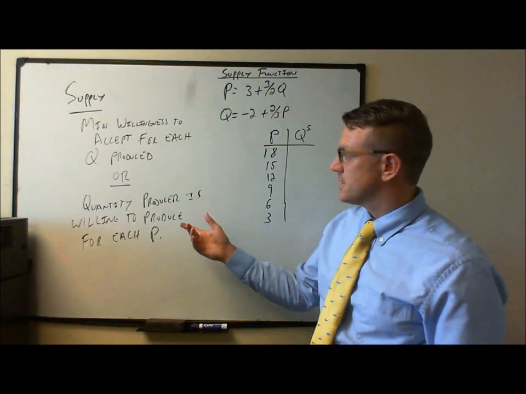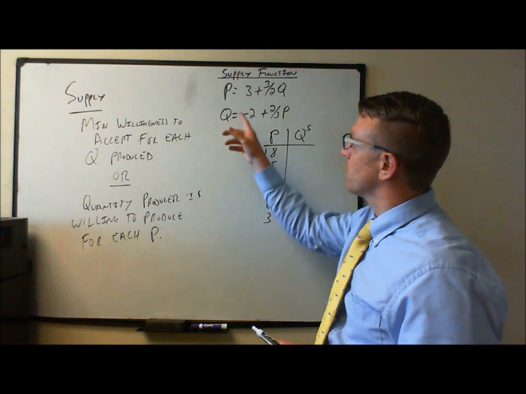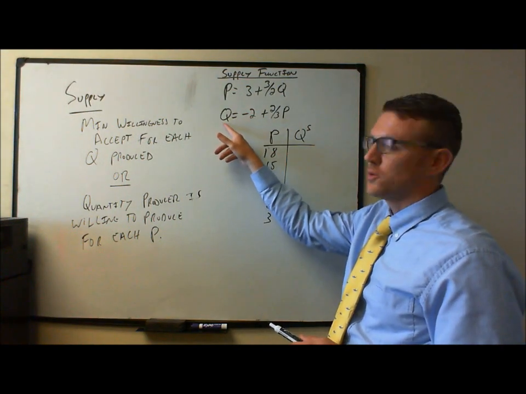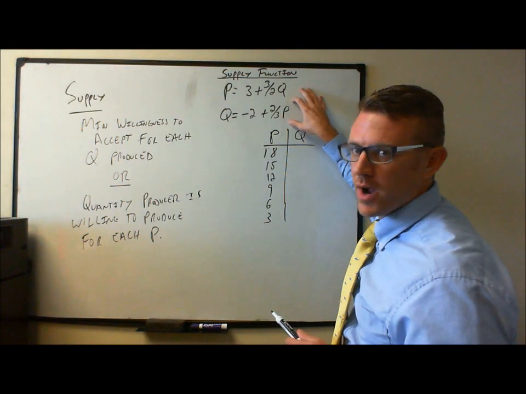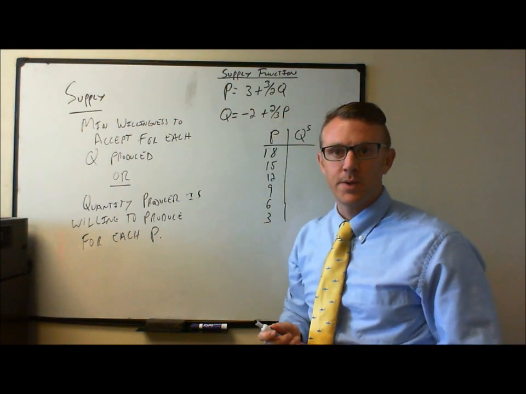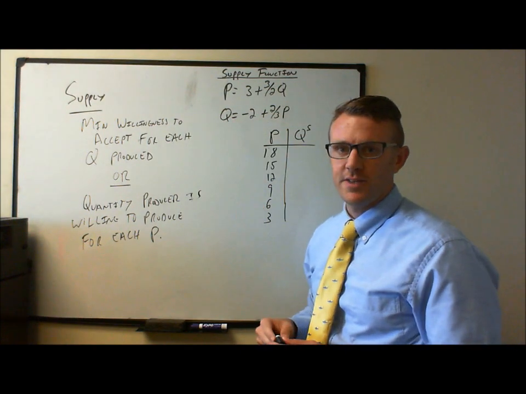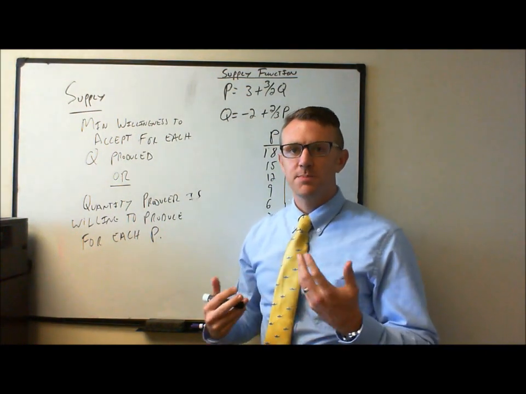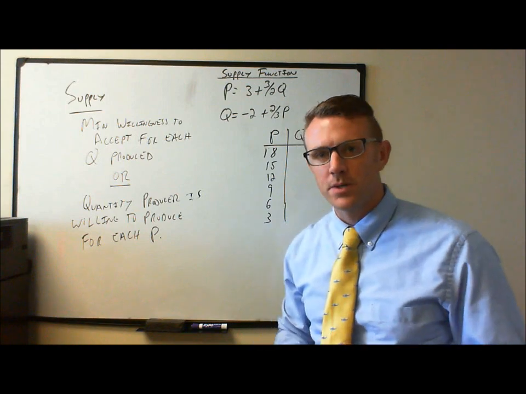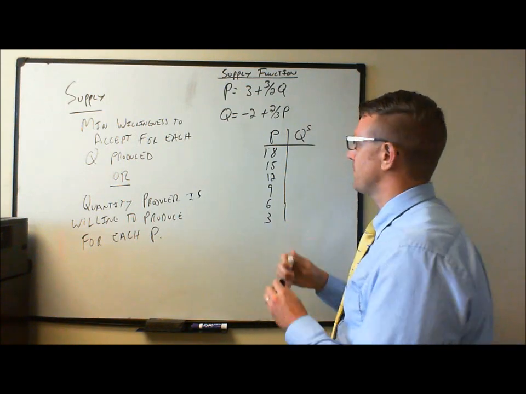This is what would happen if we rearranged our function to Q equals a function of P. Now if I show the producer a price, that's how much they're willing to produce. Again, they're equivalent definitions. To get an idea of what the supply curve looks like, let's plug in some of the prices that we looked at for purses with Kay and Laura.